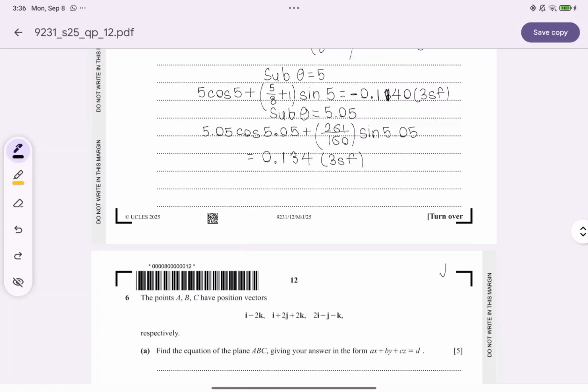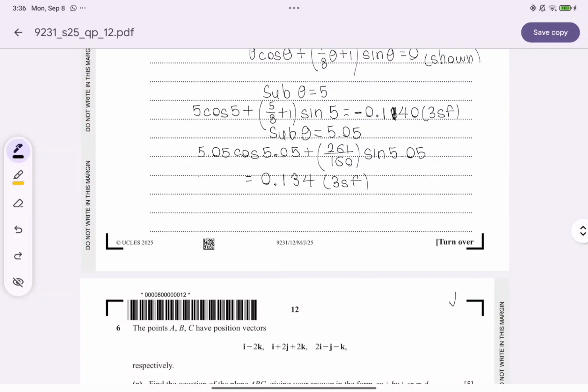So you can see there's a sign change in here.